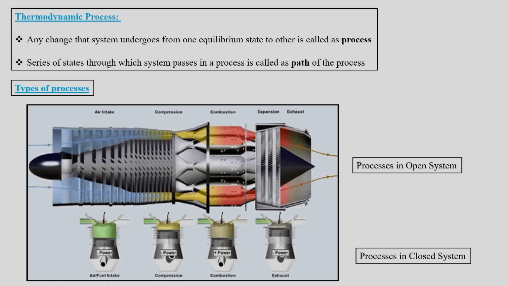Then there is a process of heat addition which takes place in the combustion chamber of the gas turbine engine. So here we have a combustion chamber for heat addition, but in the case of an IC engine, internal combustion engine of piston cylinder type, there will be fuel injection, and then that fuel injection would lead to combustion.